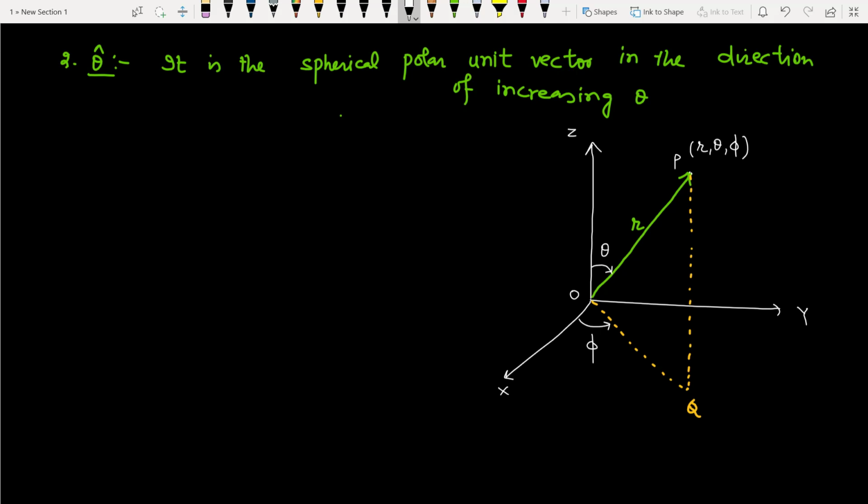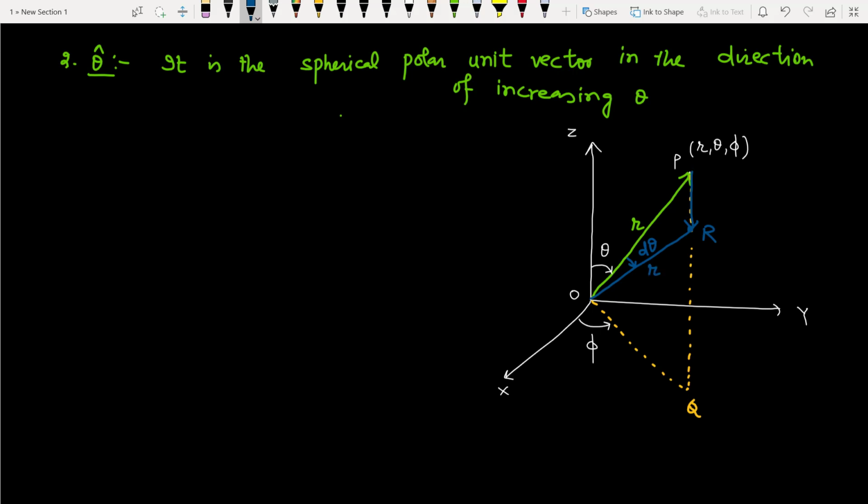So now what we do, we proceed in the direction of increasing theta and we reach here at point R by traveling this way. This angle is d theta.